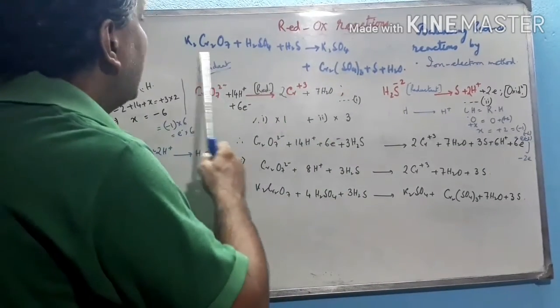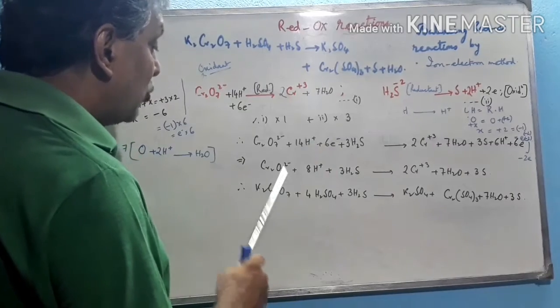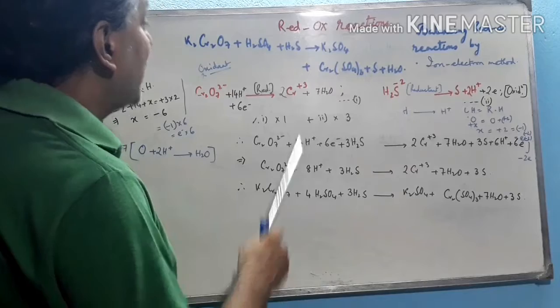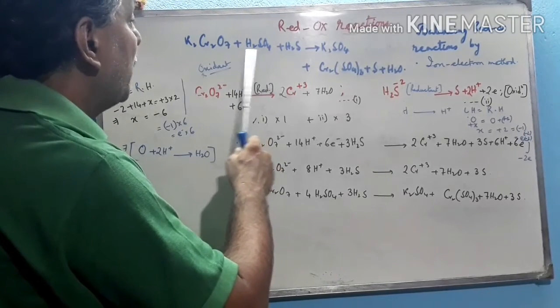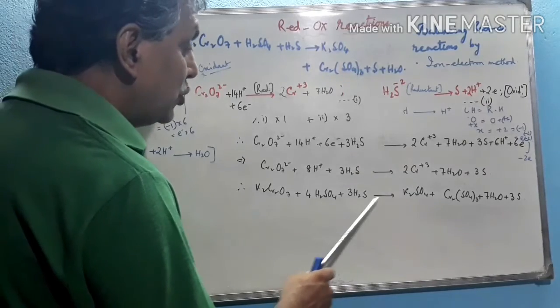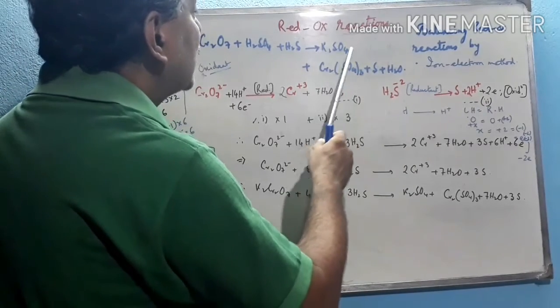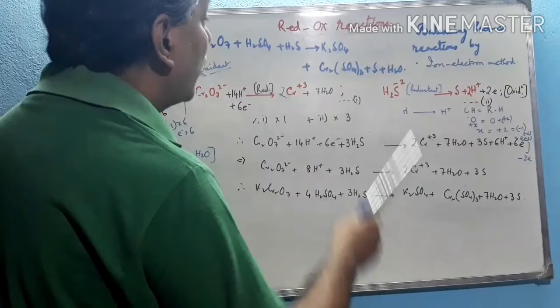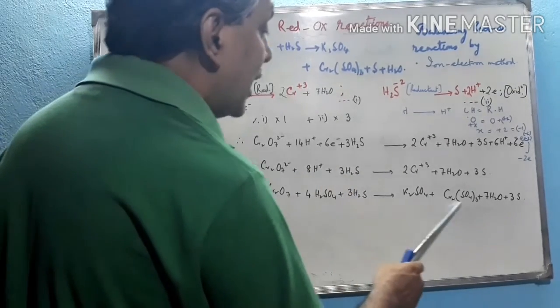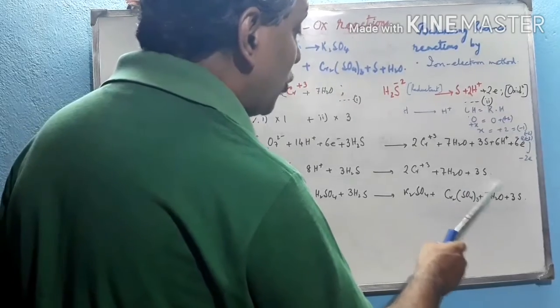Now by writing the total equation, Cr2O7 comes from K2Cr2O7, so K2Cr2O7 plus 8H plus comes from 4H2SO4, because 1 H2SO4 gives 2H plus, plus 3H2S arrow K2SO4, which remains unbalanced, and Cr2(SO4)3, which already contains 2 chromium atoms, plus 7H2O plus 3S.